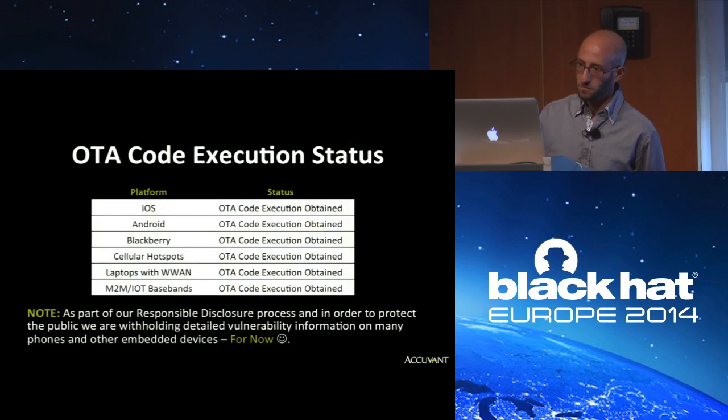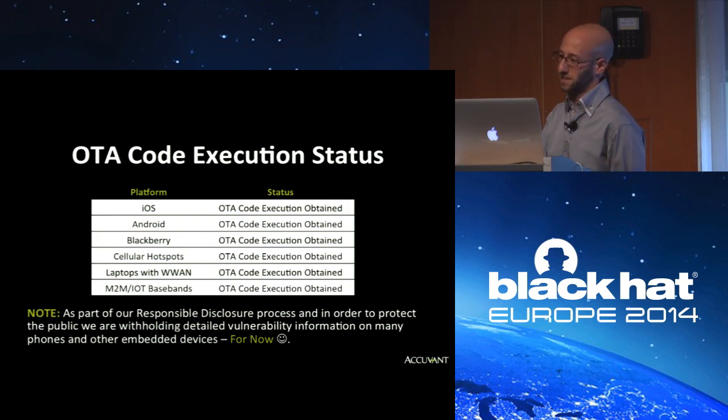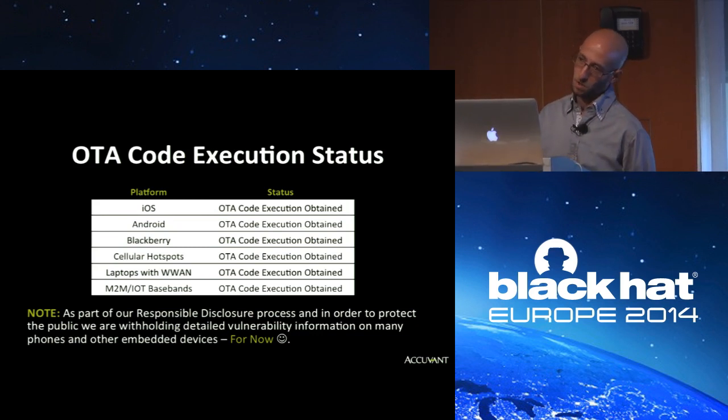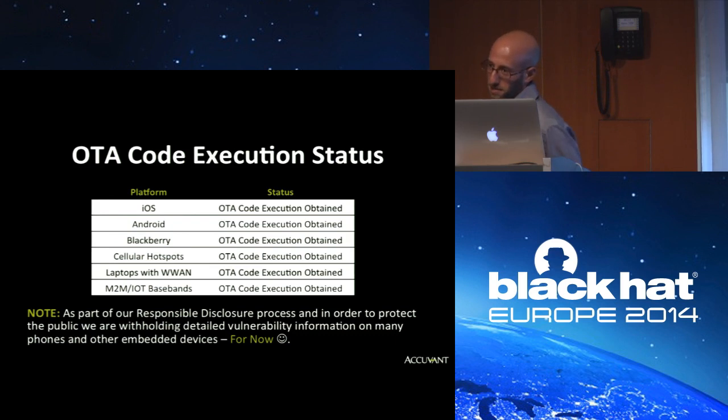So let's talk about where code execution was obtained. This is the list of devices that we currently have code execution on: iOS, Android, BlackBerry, multiple cellular hotspots, laptops with WWAN, M2M, and IoT basebands.